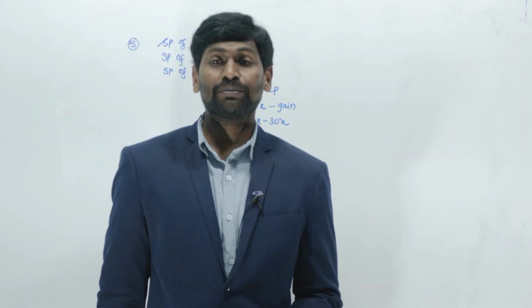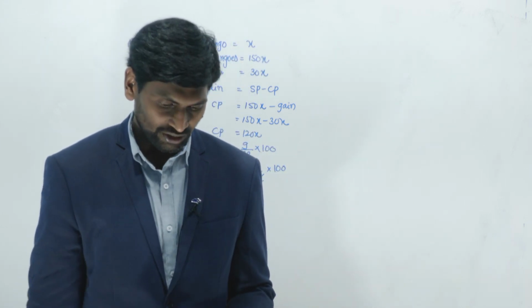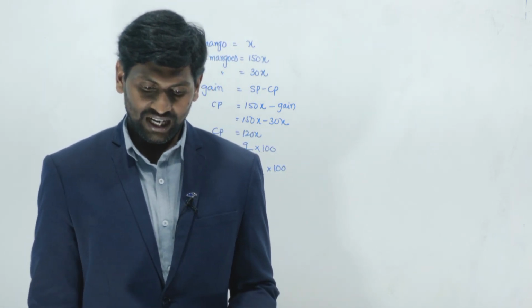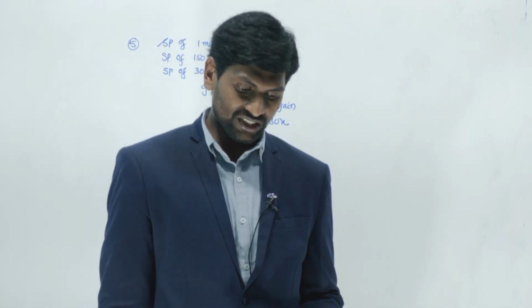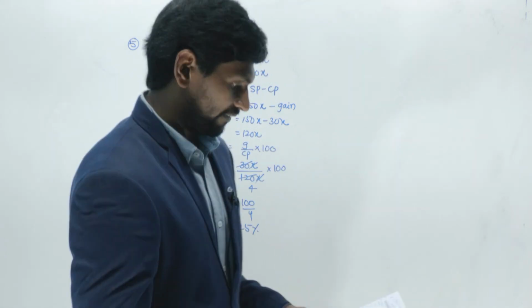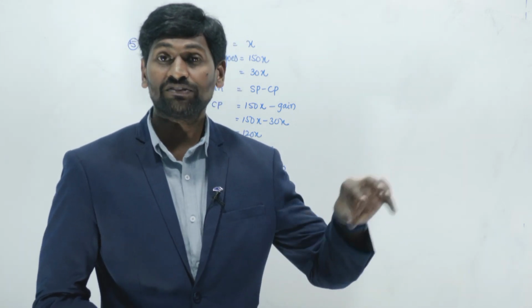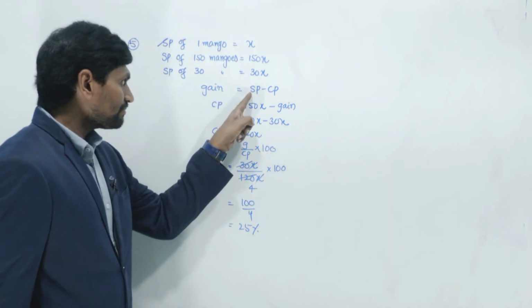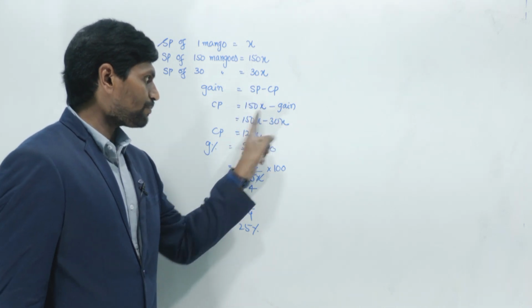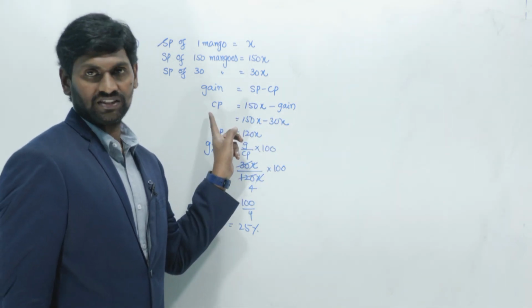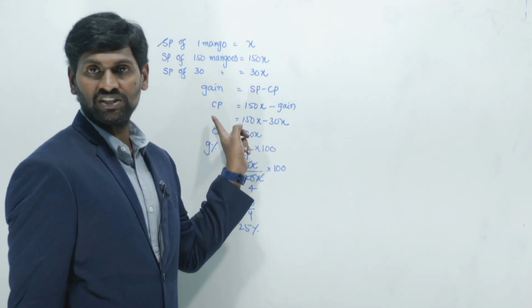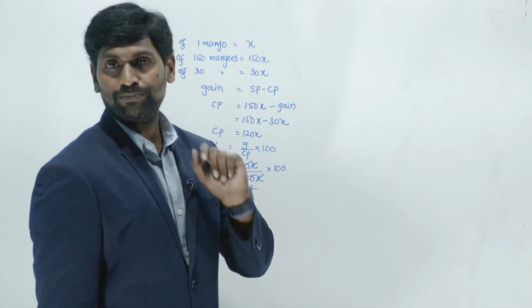A dealer sells a ceiling fan for 2390 rupees and the profit is 120.50. Then find the cost price of the ceiling fan. So it is subtraction only. Selling price minus profit will give you the cost price. So you can try the 8th problem also.